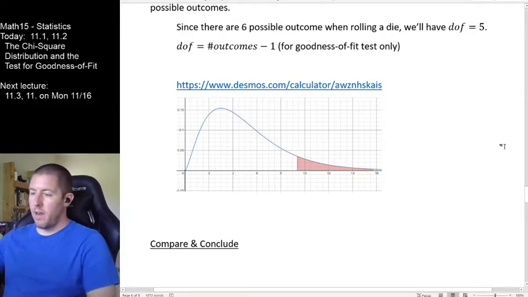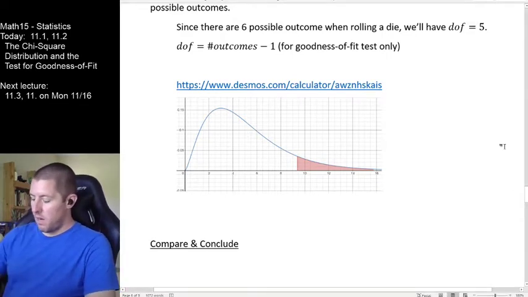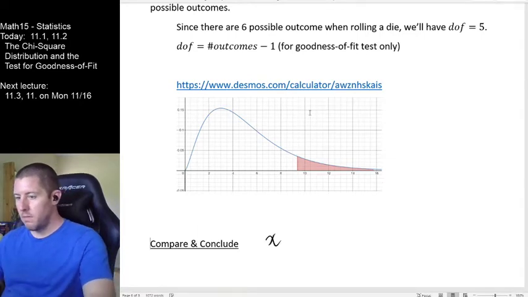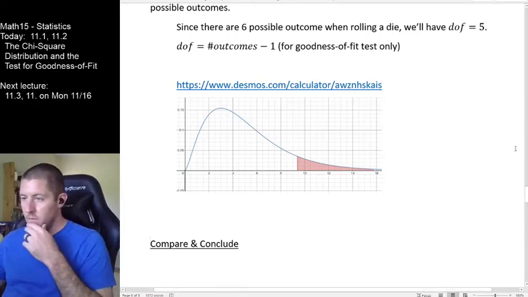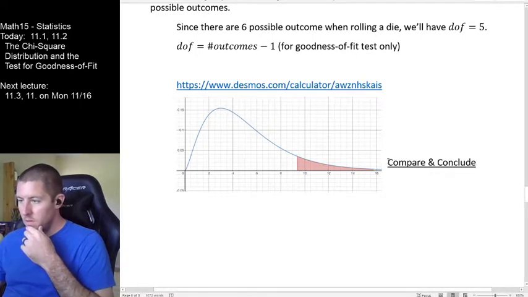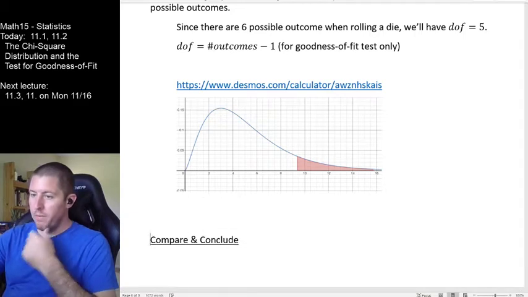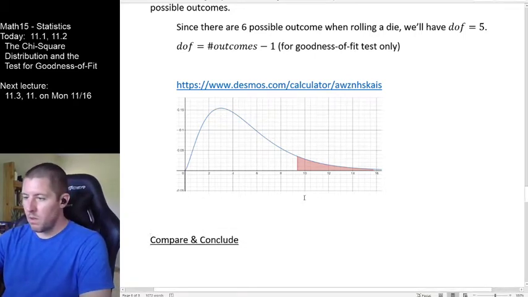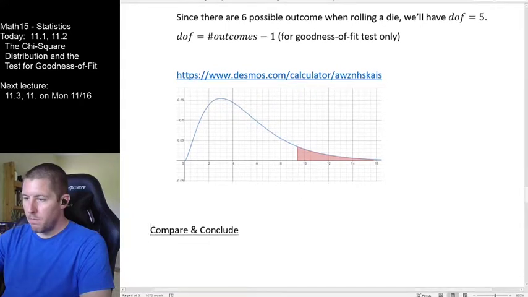So in this case right here, we've got our chi, that's concerning. Am I not drawing this? Don't move, picture, just stay there. Oh, really?